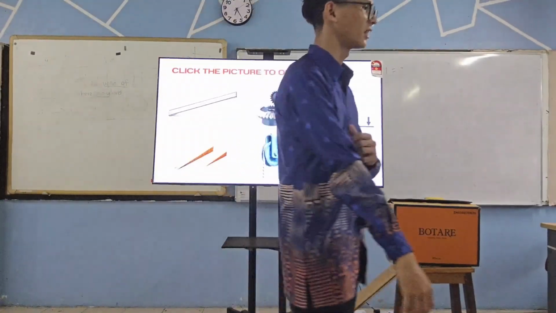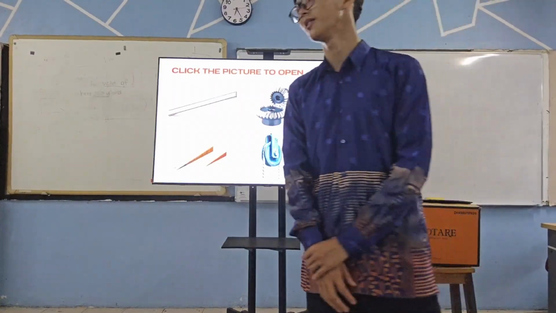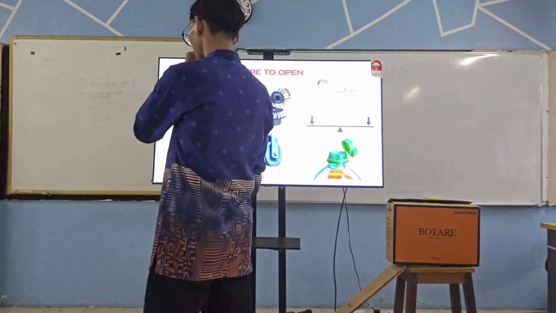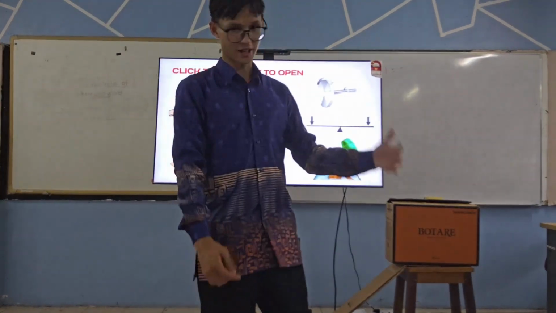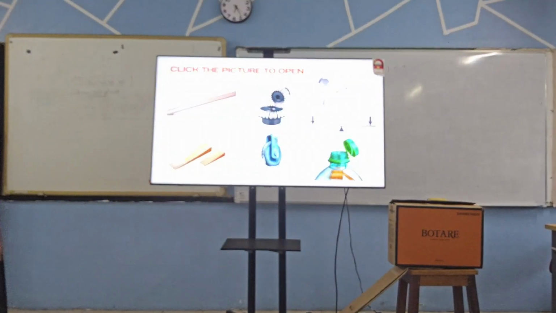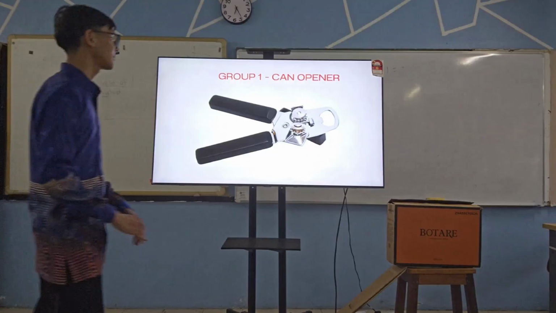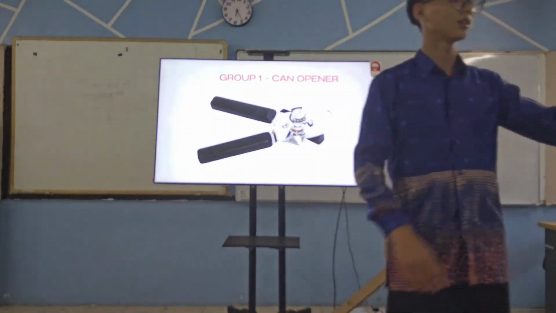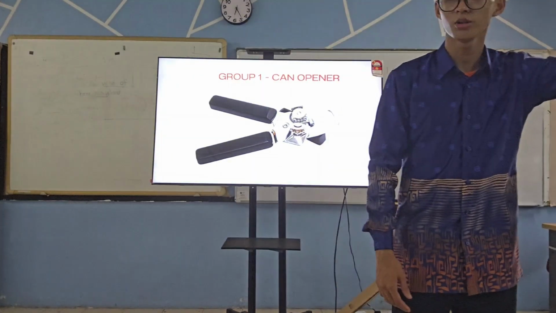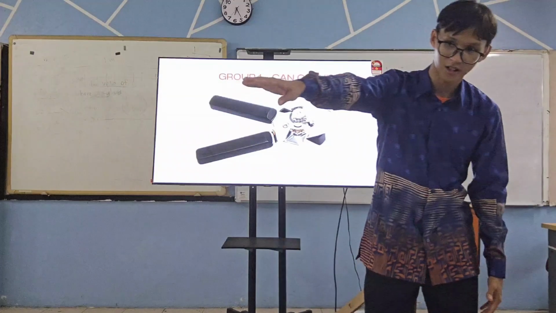Alright, students. Time's up. The next task I will give you is in the slide. So the task is for each group. I will give you group 1, group 2, group 3 and group 4.